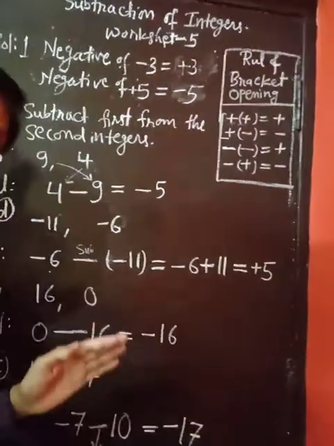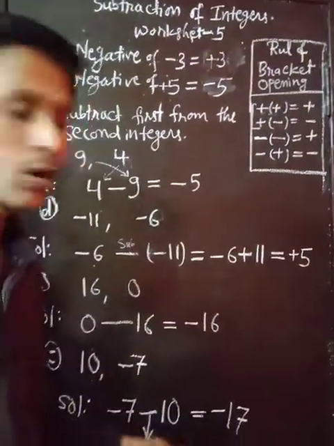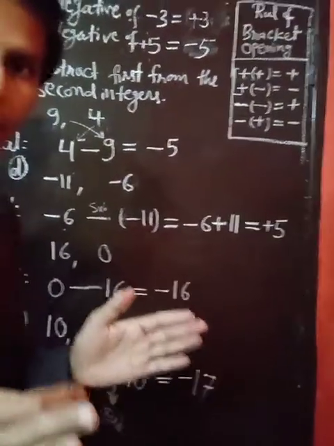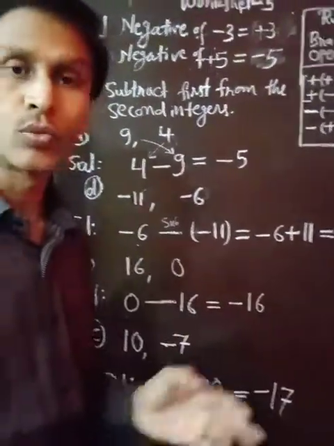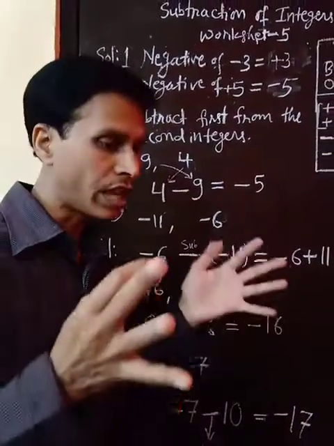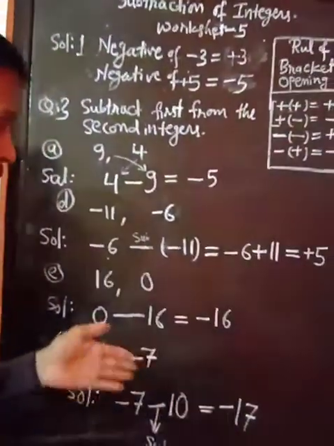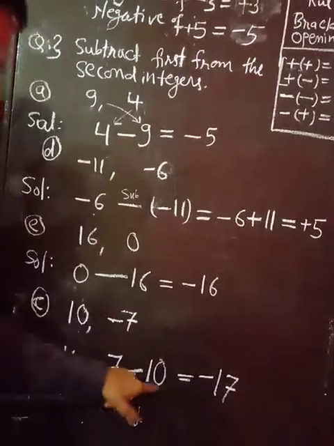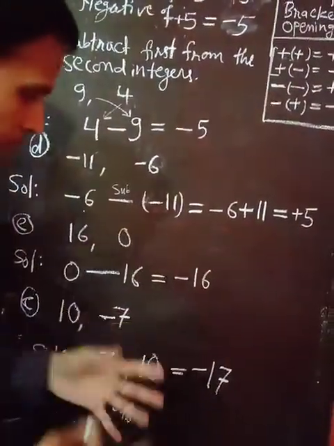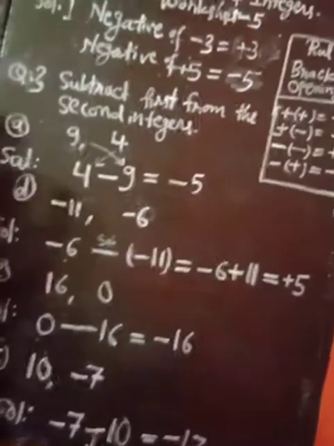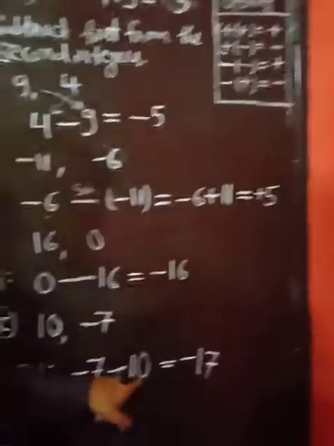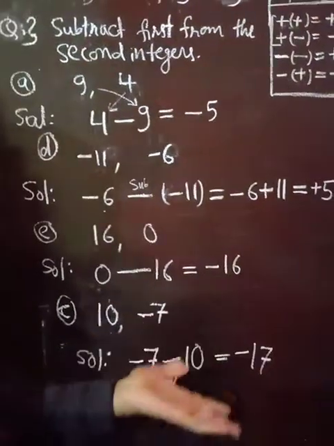Again you follow the law of integers. Which rule will we follow for this? If the numbers have the same sign, we add the numbers and put the common sign. Here you can see both are negative, so we will add them and put the common sign. Otherwise you can understand one more way: 7 enemies and 10 enemies. How many in total?